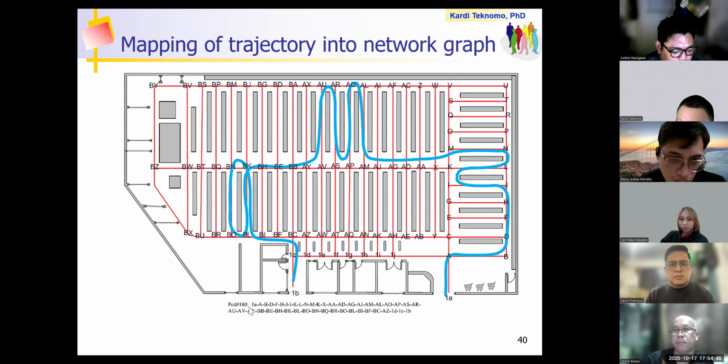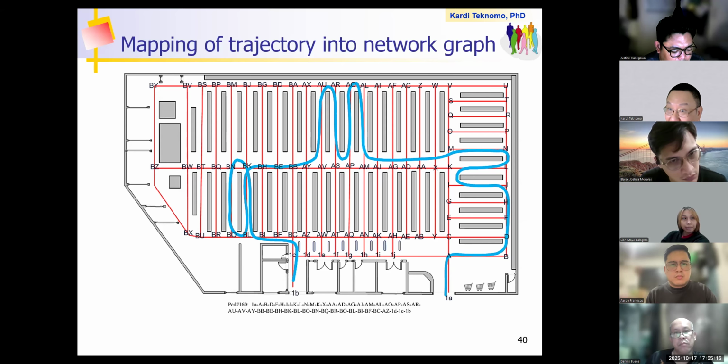We need to put the trajectory in terms of graph. Is it clear? So 1A, B, D, F, these are the path in the graph. From the drawing of the respondent, you need to put it into the actual graph so that we can put it into the computer. Otherwise, you cannot compute, right?